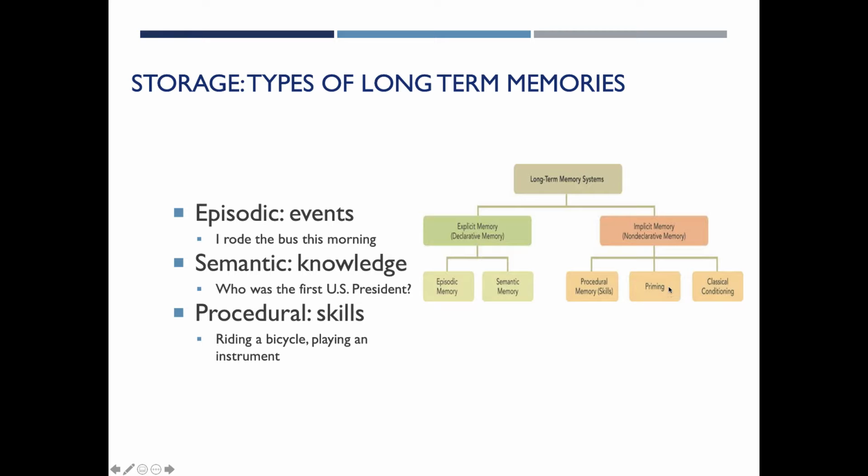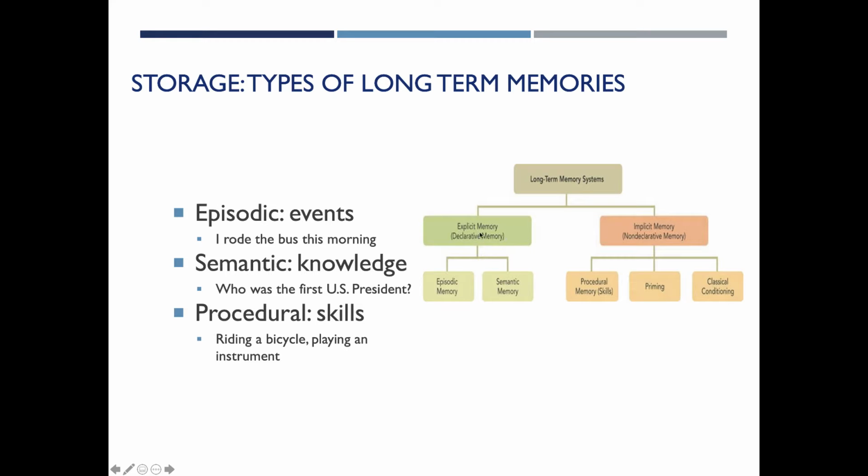That's things like if I started talking to you about oceans and lakes and so on, I have primed you so that when I talk to you about a bank, you are thinking of a surface just above some water rather than an institution where you would go get your money. So priming is an example of implicit memory, and so is classical conditioning.